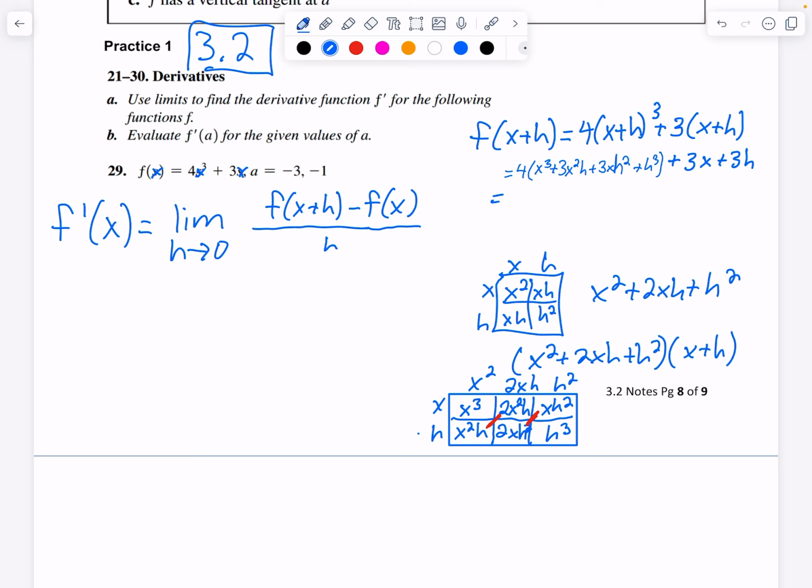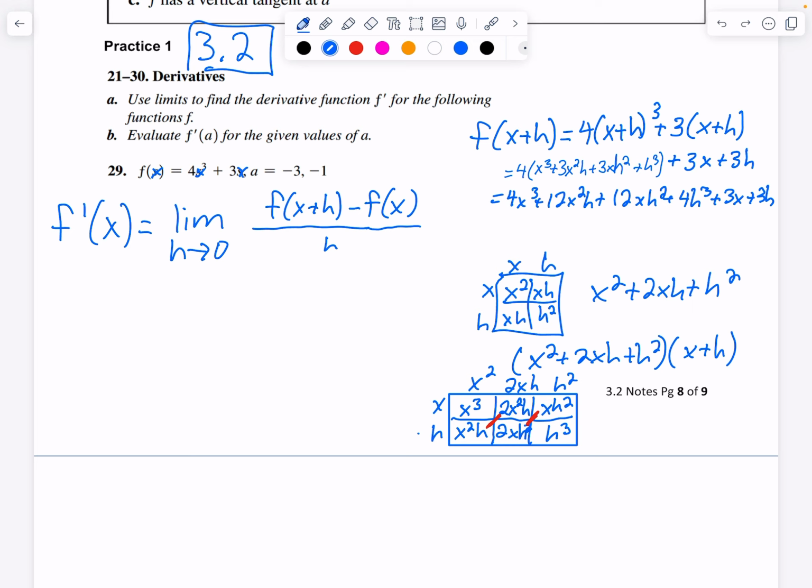Then that 4 will distribute: 4x cubed plus 12x squared h plus 12x h squared plus 4h cubed plus 3x plus 3h. Let me double check since you guys can't correct me here. Yep, I think it's all good. Do I even have any common terms? I don't think I do.